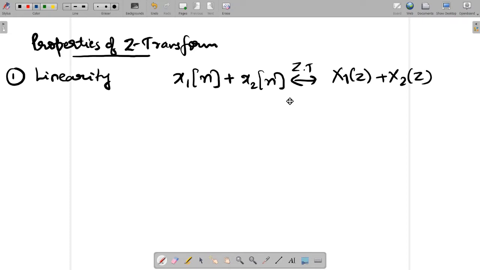As in Laplace, Z transform also will have an ROC, and this ROC will be the intersection of the individual ROCs of x1 and x2. Let us say R1 and R2.